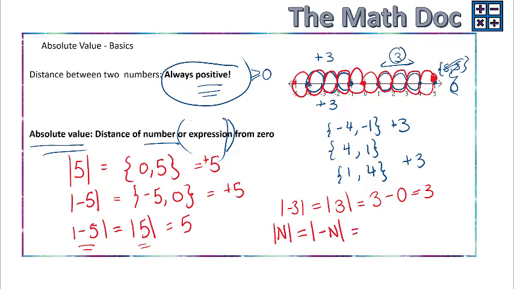And that is always a positive number, and it is equal to the distance between n and 0. Again, regardless of whether n is 100 or minus 73, it is always equal to the absolute value of the negative, and the absolute value of it is always positive.